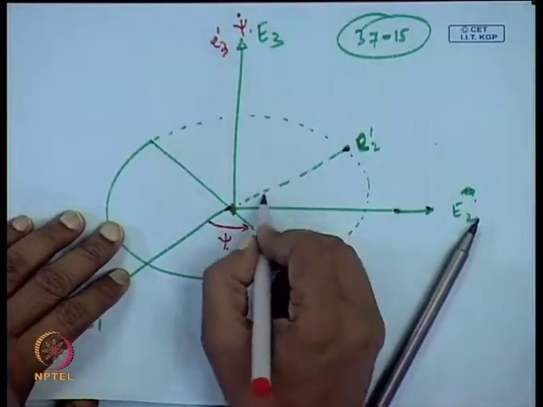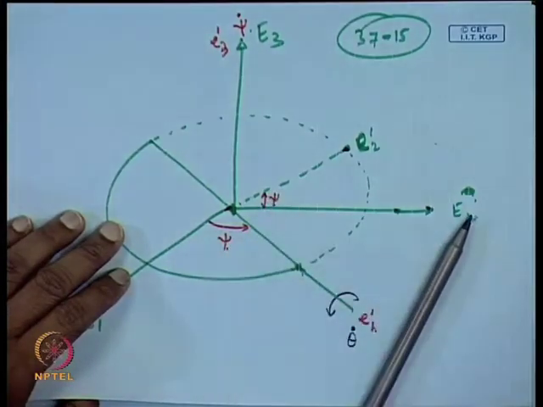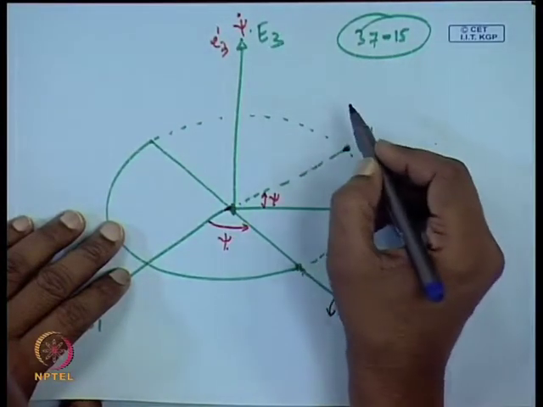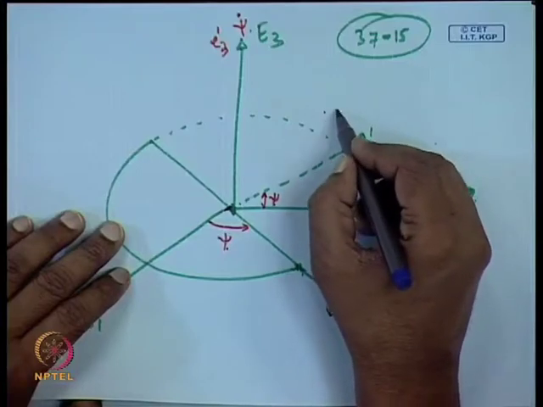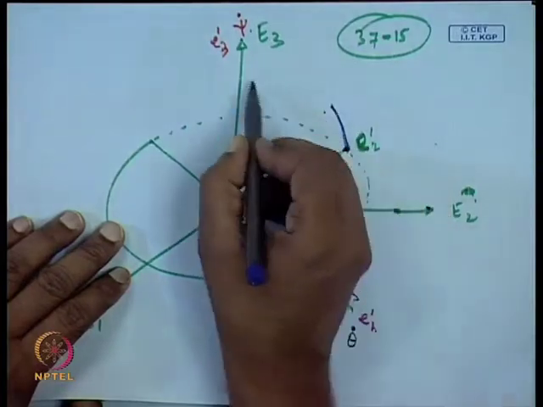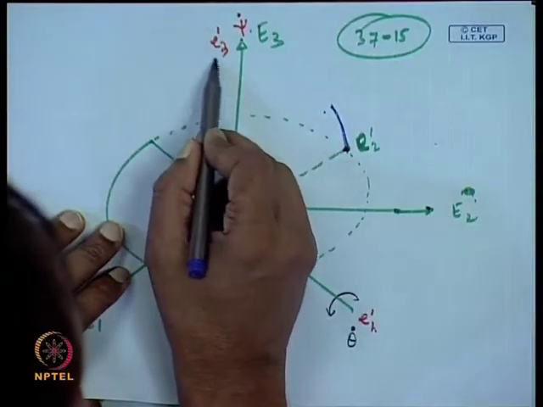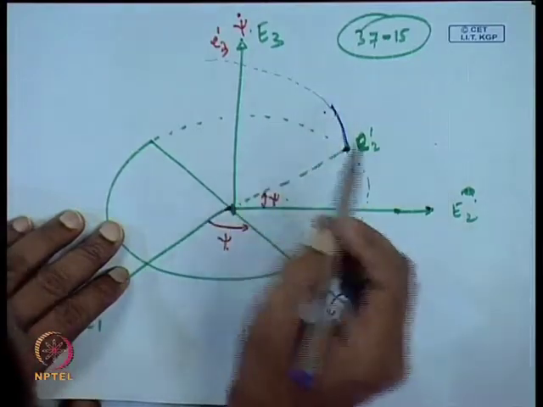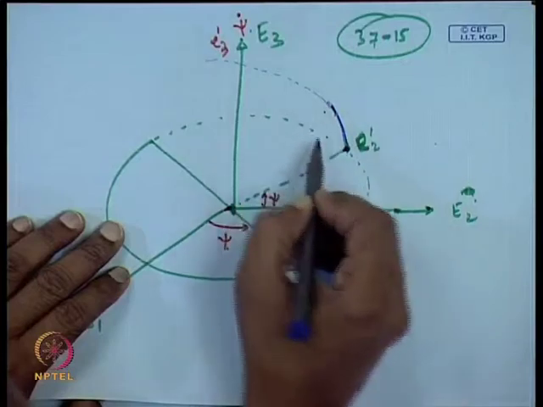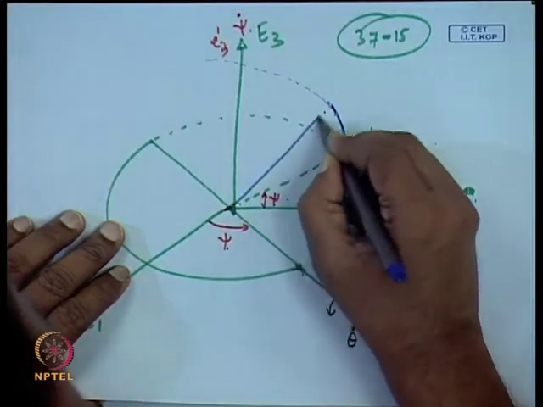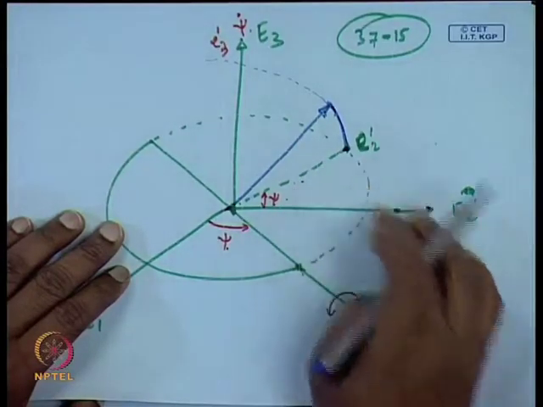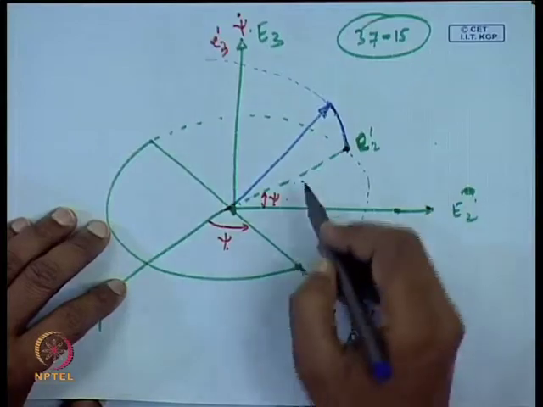This angle is shown to be psi. And let us say that we rotate it. So, it rotates like this and moves from this position. This has been shown by a dotted line to show that this is in the E1 E2 plane. Okay.